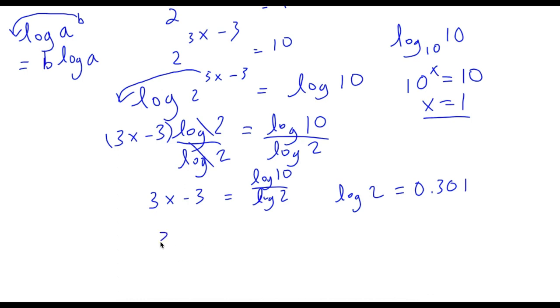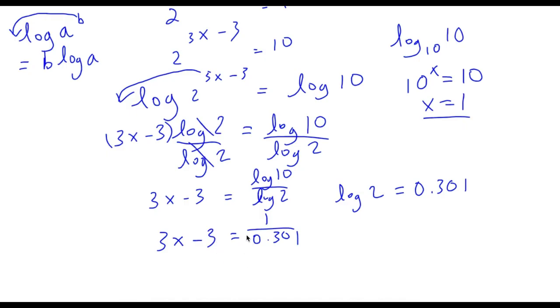So now we have 3x minus 3 is equal to 1 over log 2, that is equal to 0.301. So 3x minus 3 is equal to 1 over 0.301.